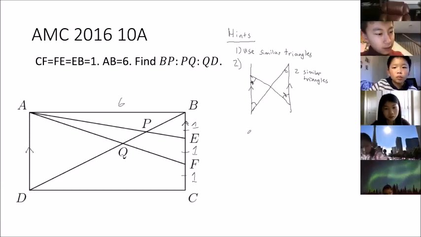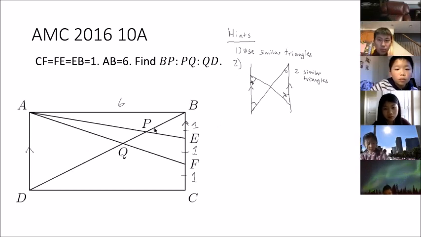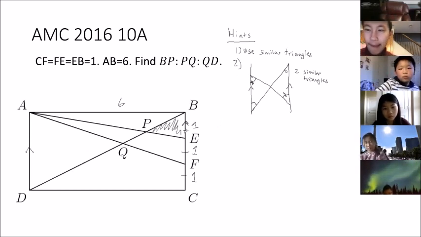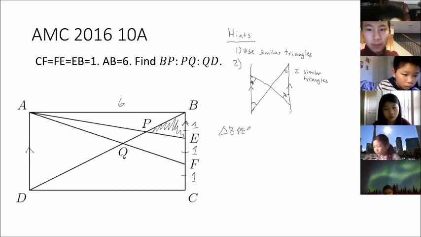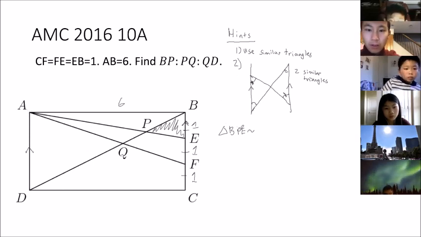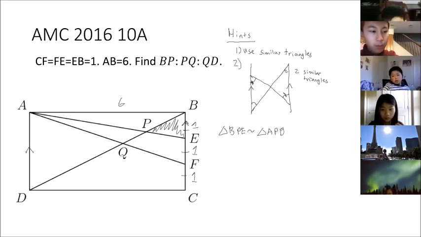Okay, let's write down what similar triangles there are. So using hint number 2, we can first look at this small triangle BPE. Triangle BPE is similar to what other triangle? Well, applying it here, we get this big triangle APD over here. Okay, I actually made a mistake here.